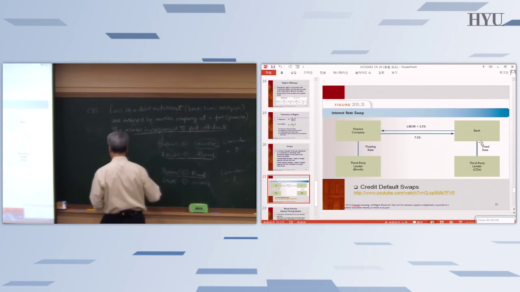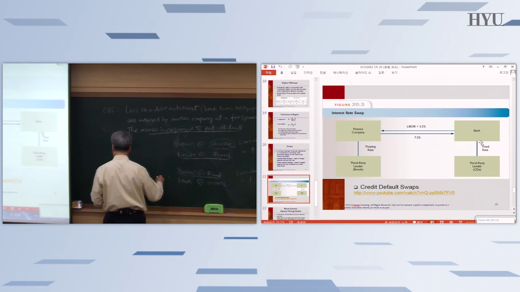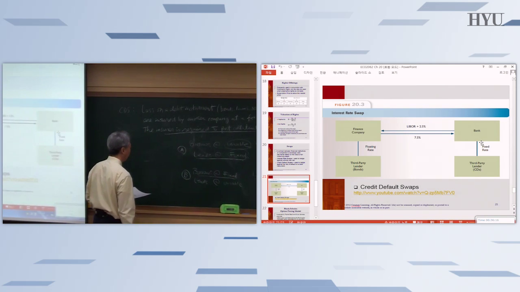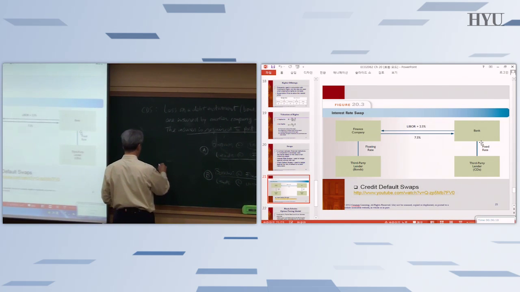Let's say this is A, this is B. Then A pays B at a fixed rate.